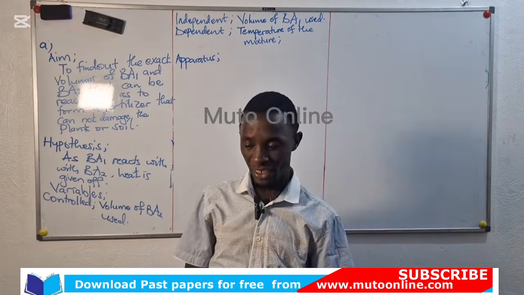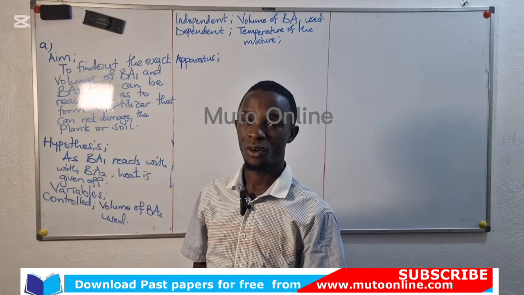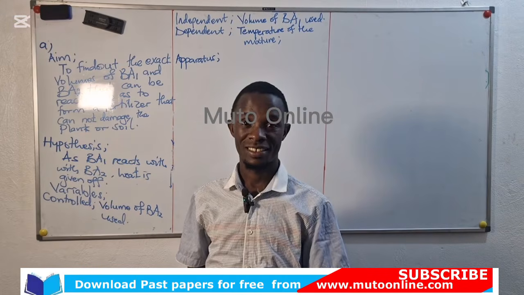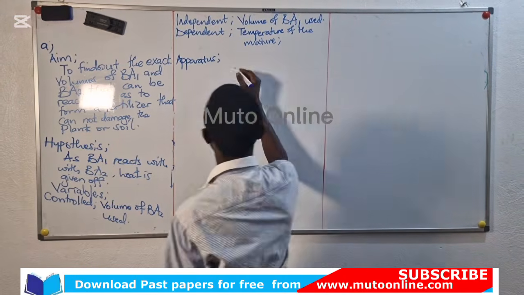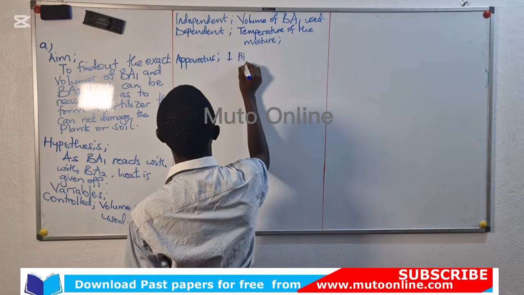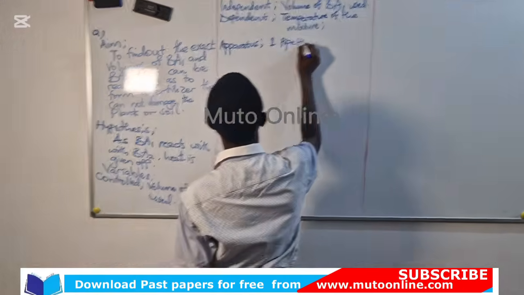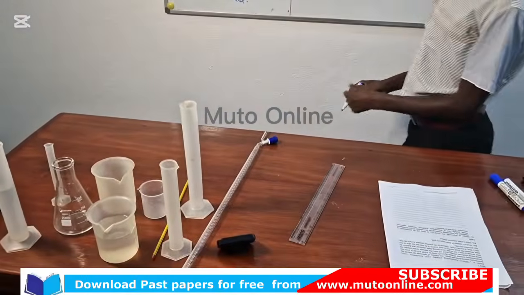So, which apparatus measures exact fixed volumes of solutions? I think that is a pipette. So, we shall need one pipette purposely to measure BA2.